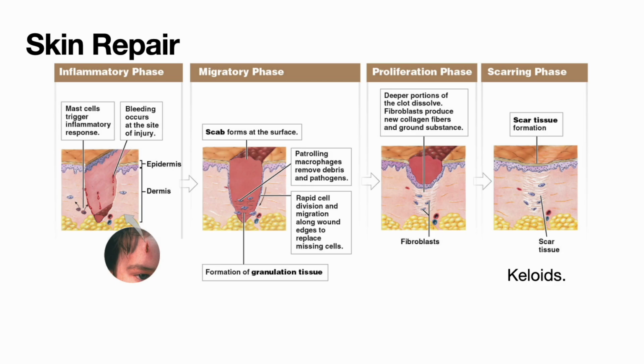Then we move into the proliferation phase. This can be up to like a week later from the injury. And you can see that what's starting to happen is the big clot is starting to dissolve as the granulation tissue moves up and fills in under the injury. And so we're going to see that fibroblasts are very active, creating a meshwork that the epidermal cells can kind of migrate over in order to help repair this site.